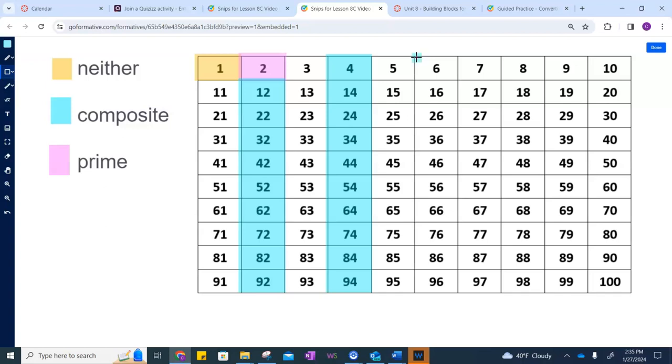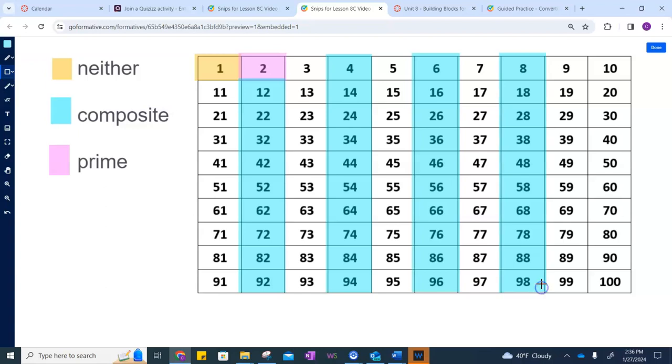Then we hop over to 6. That's an even number, and so are all the numbers below it because they end in the digit 6. All of those numbers are divisible by 1, themselves, and the number 2. And then we can go over to 8. 8 is an even number divisible by 1, itself, and 2.